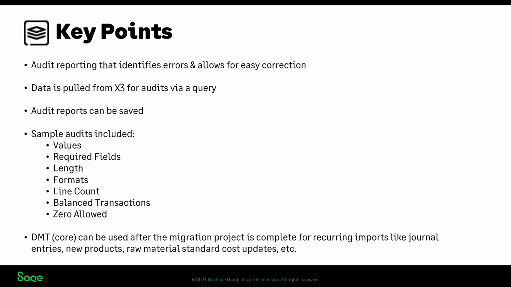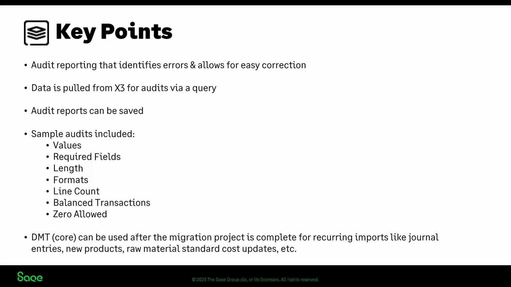Data is pulled from X3 to audit that values exist in X3 and what the key links and formats of those fields are. You'll see an example of that shortly. The audit report can be saved, so any changes that you make to the data within the workbook can be saved. I'll cover some of the audits when I do the presentation.